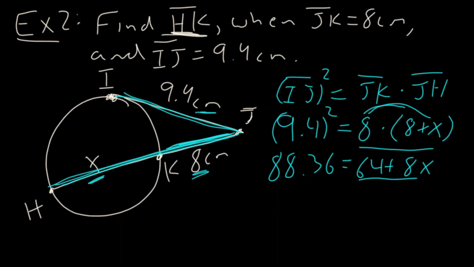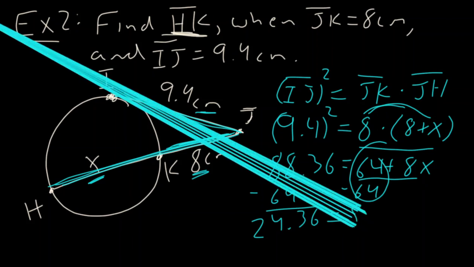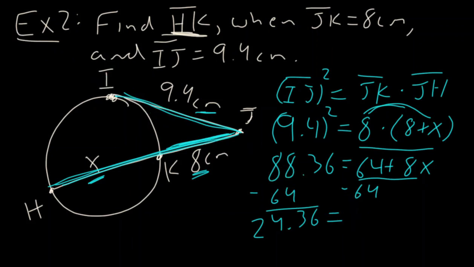Well, we still want to go ahead and get rid of the constant. So my positive 64, I'll minus 64, minus 64. And let's see, 88.36 minus 64 is 24.36 equals, it's a 0 pair, it's gone, 8x. Okay. Cool.